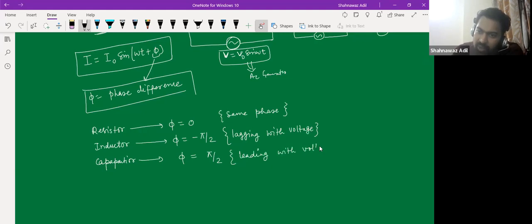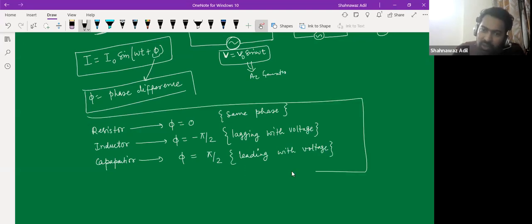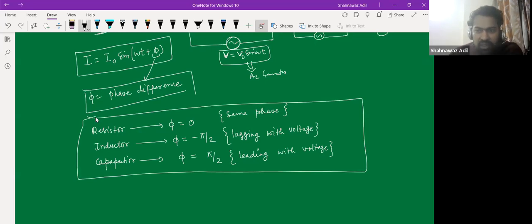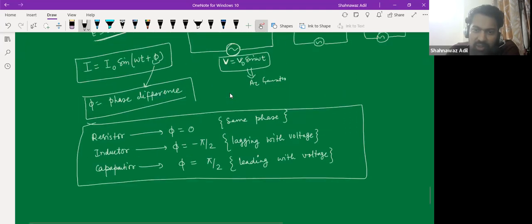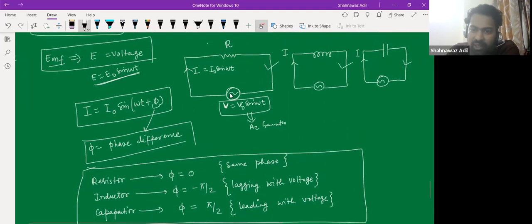This part you guys have already done, right? Do you guys want me to show these things again, or is this okay with you guys? How to get these things? No, sir. Yes, it's okay. Yeah, so just remember these things, right? These things we have already done in the CBSE.